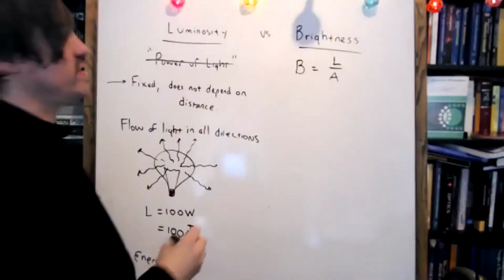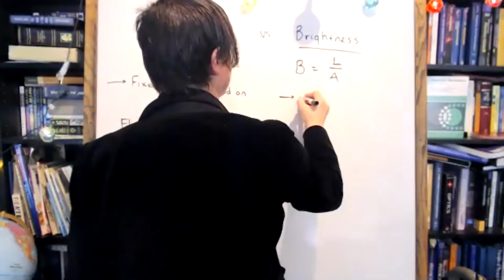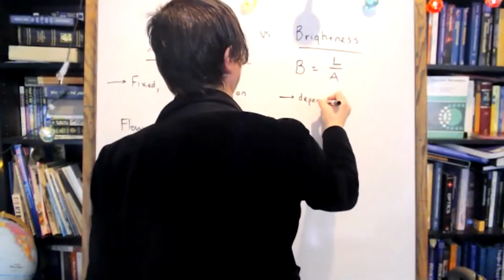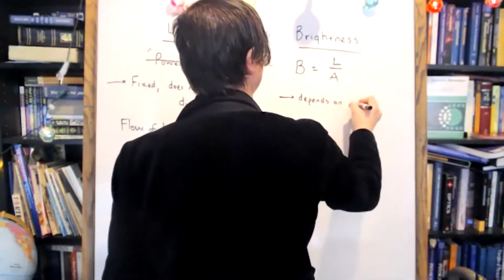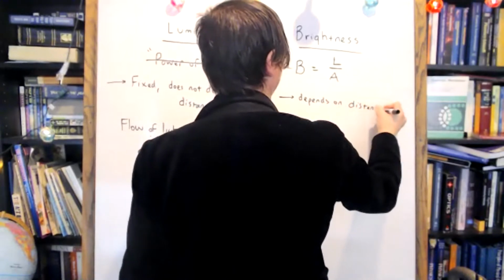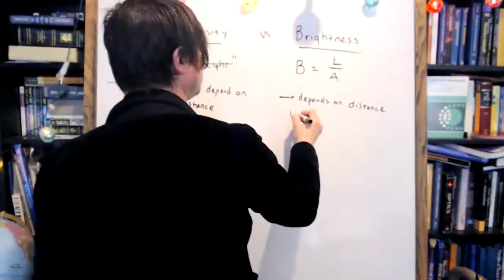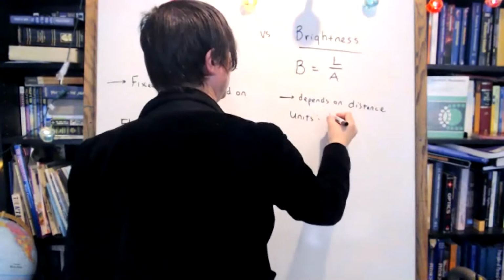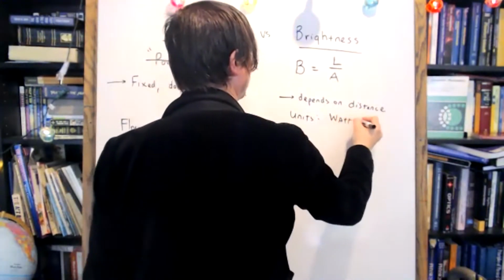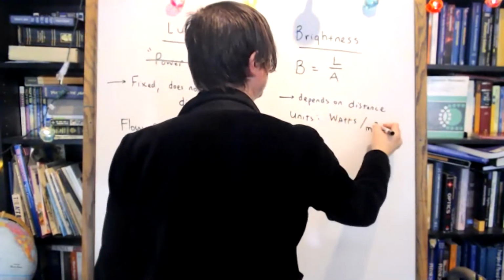Brightness, unlike luminosity, is not fixed. Brightness depends on distance. It has units of watts per square meter.